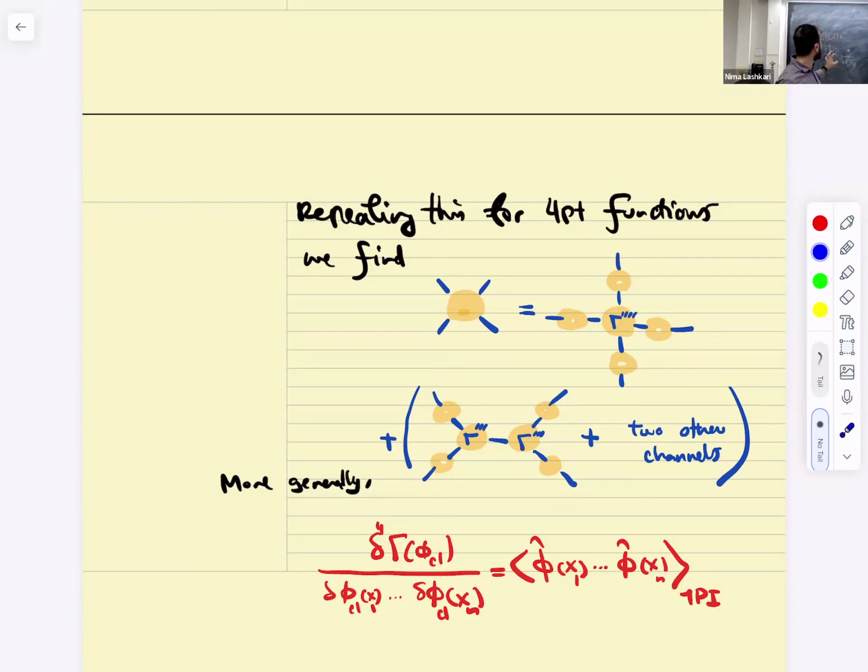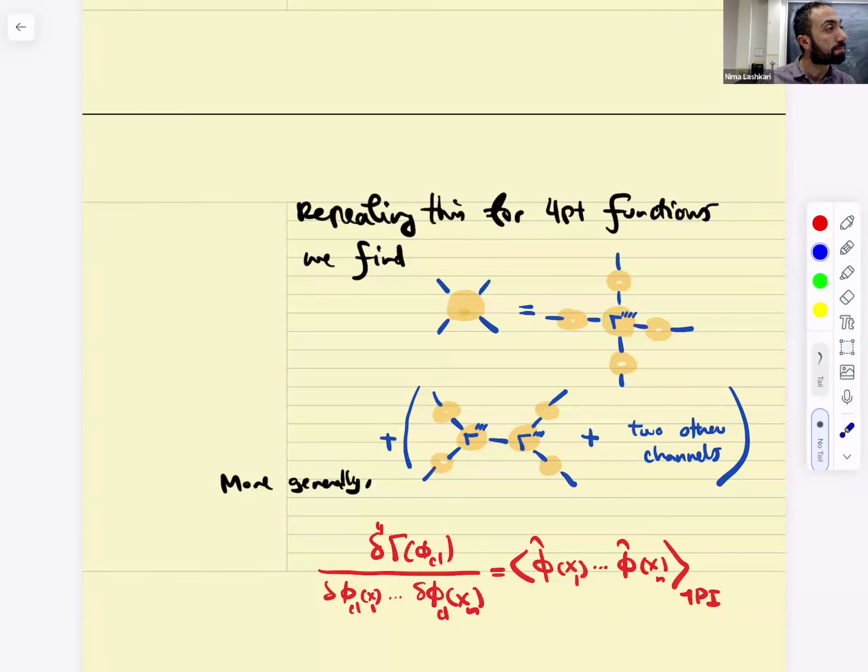Every time you take the derivative with respect to phi classical from gamma to the minus 1, more of these powers come out, and they correspond to more propagators that sit out here and will make your n-point function 1PI.